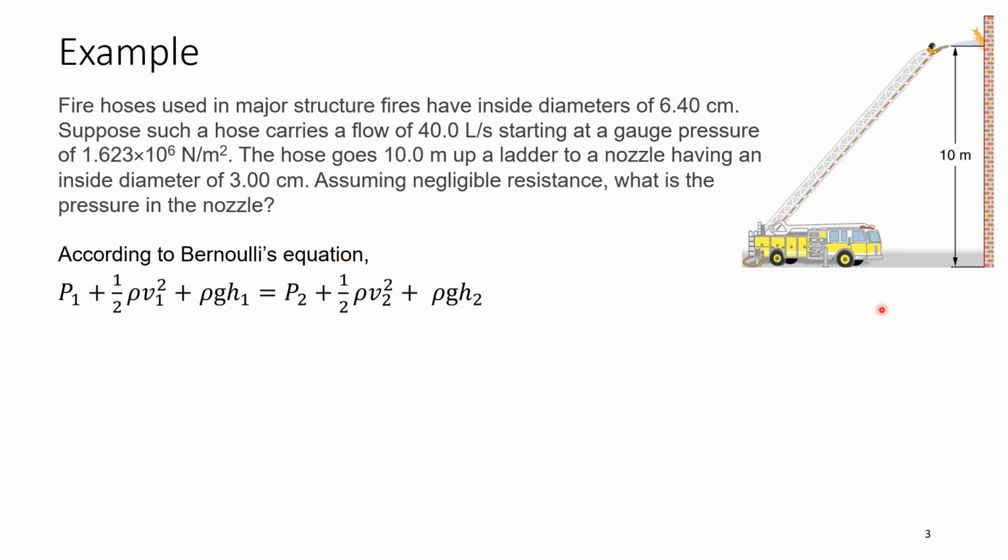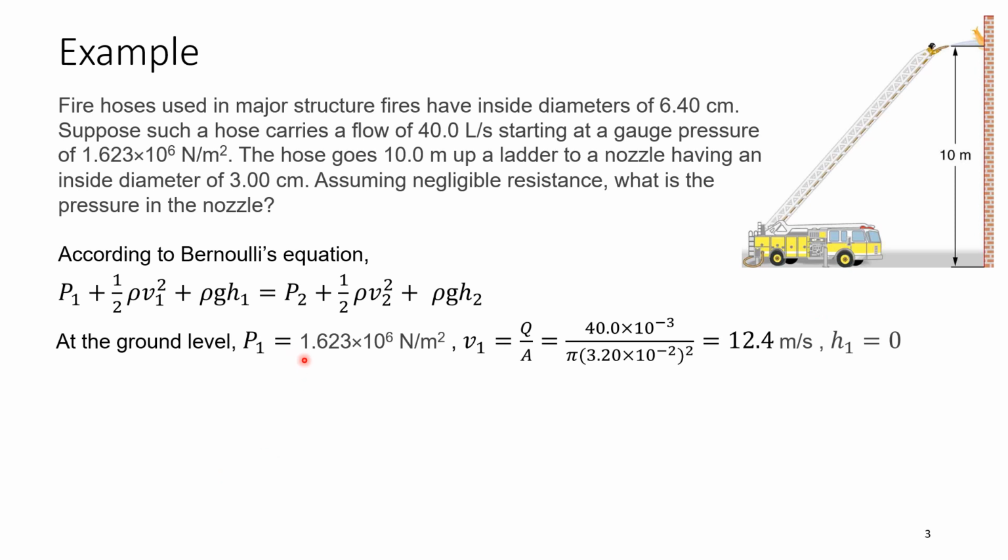At the ground level, the pressure is 1.623 times 10 to the 6 newtons per square meter. The velocity of the water, V1, equals the flow Q over a cross-section area A, and we get 12.4 meters per second, and the height is set to 0.